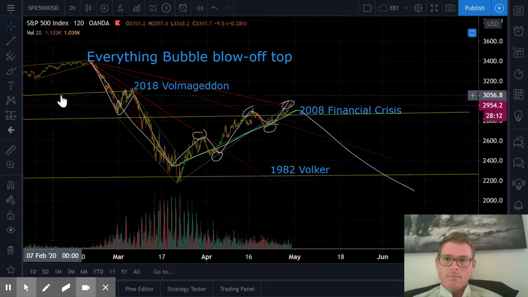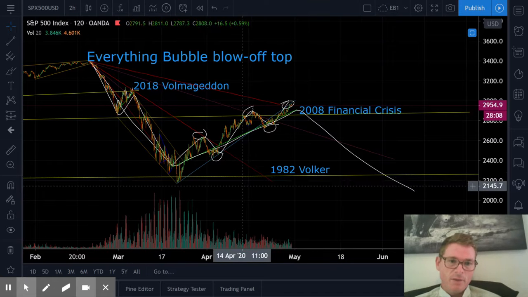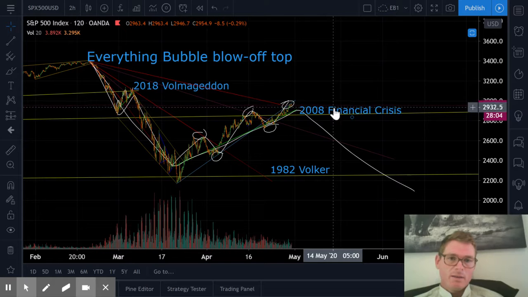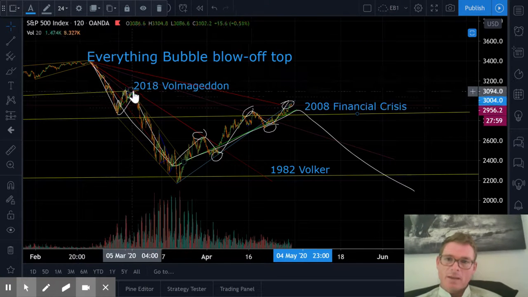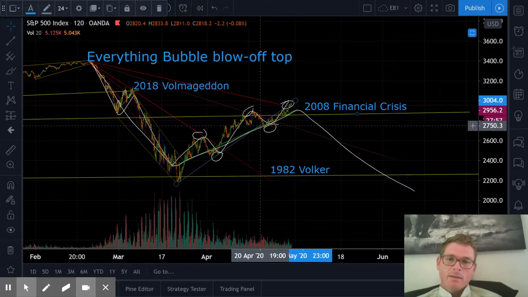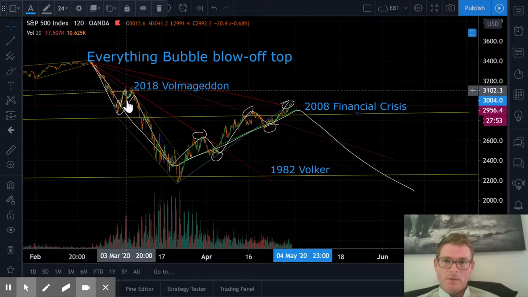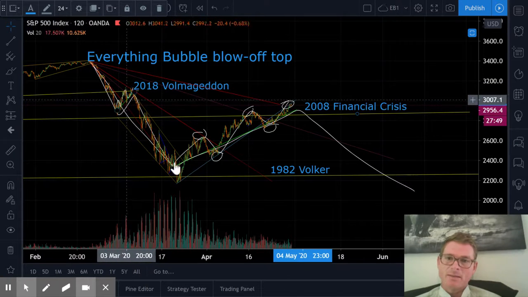These long-term bull market lines off 2018, 2008, and 1982, the three big crashes that set up our whole everything bubble, these are big support lines that we have been breaking and back testing. And when we break them, we do an immediate back test, and then we sweep up and do a double test. And that's the 5-wave pattern, is the double test.